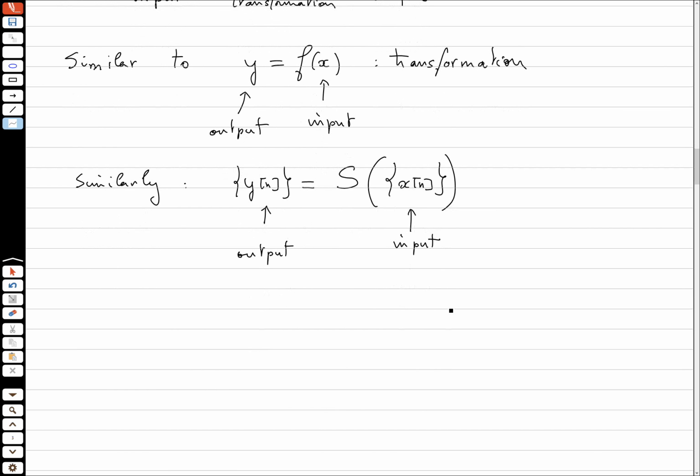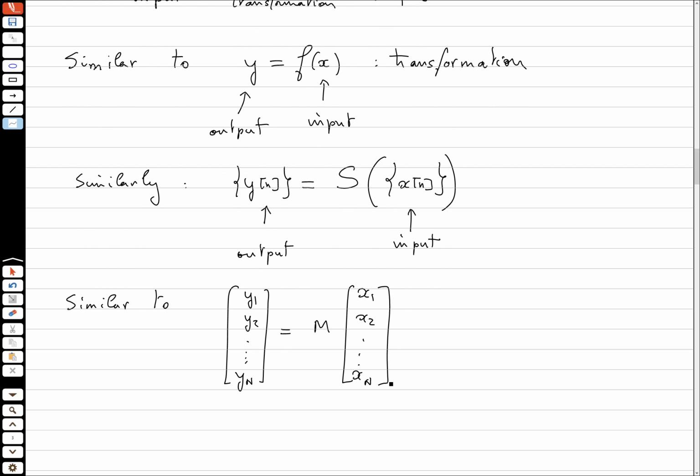We could say also similar to... you remember what is a matrix multiplication? If I write y1, y2, yn equals matrix times x1, x2, xn.